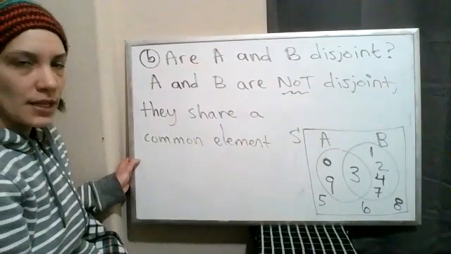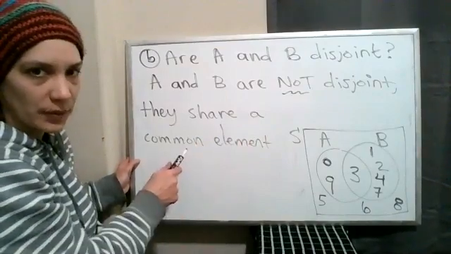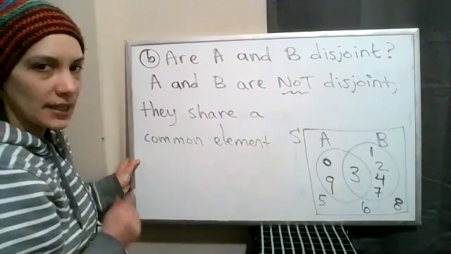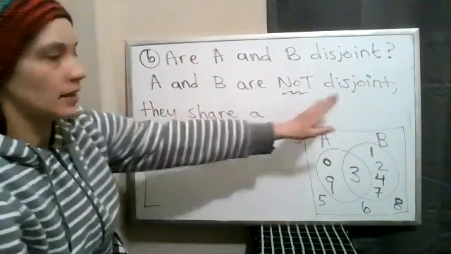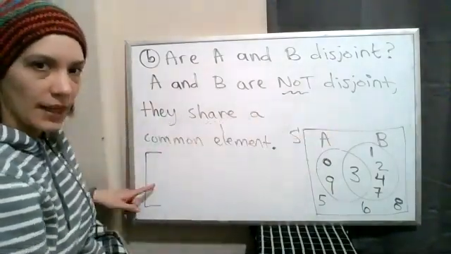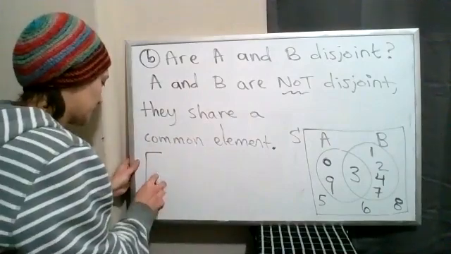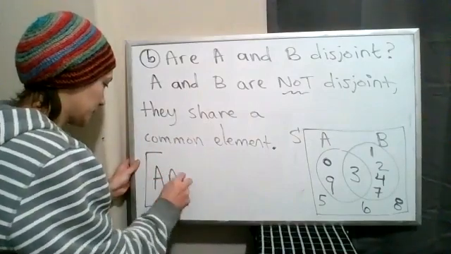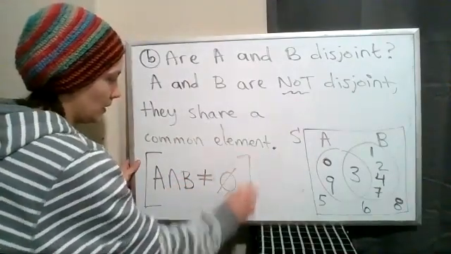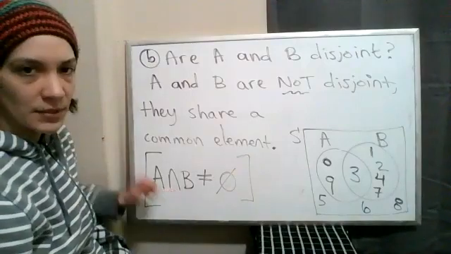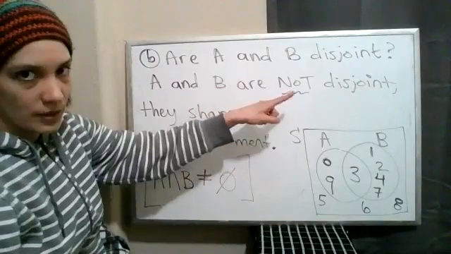And another way to write this, and you don't have to write both parts, just this part would be fine. But another way to say it is to say they are not disjoint, comma, A intersect B does not equal the empty set. So if the intersection is empty, then they're disjoint. If it's not empty, not disjoint.